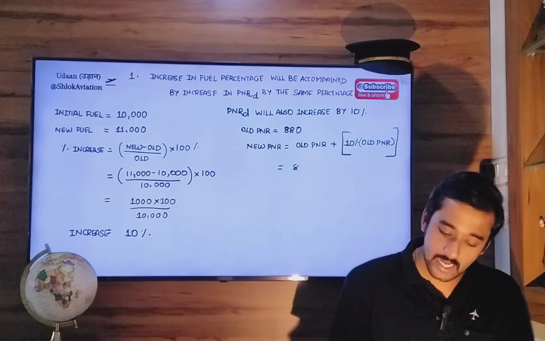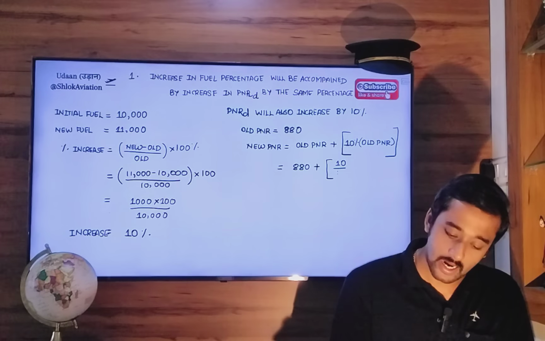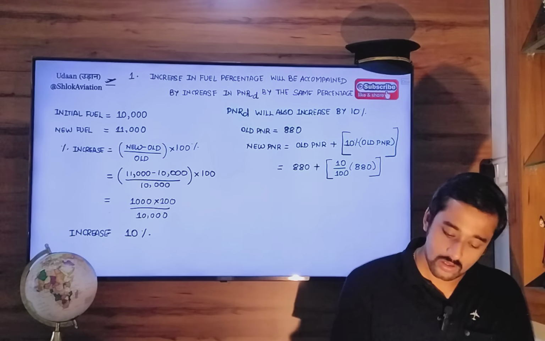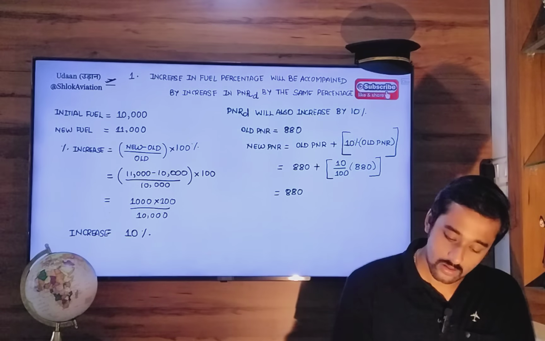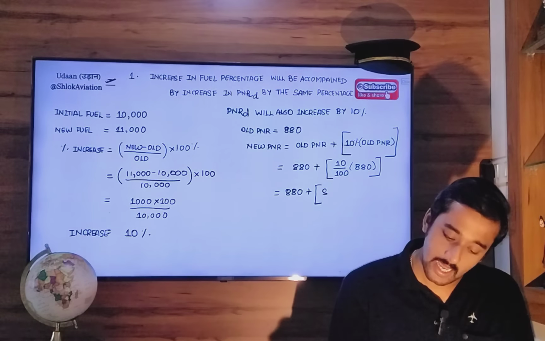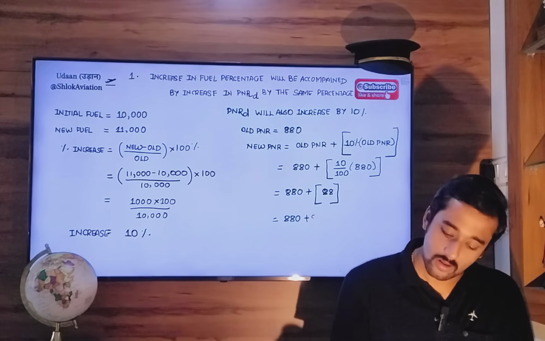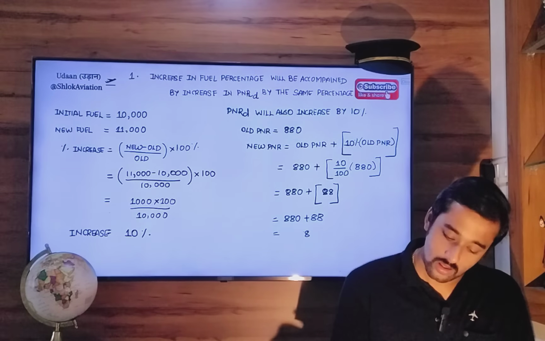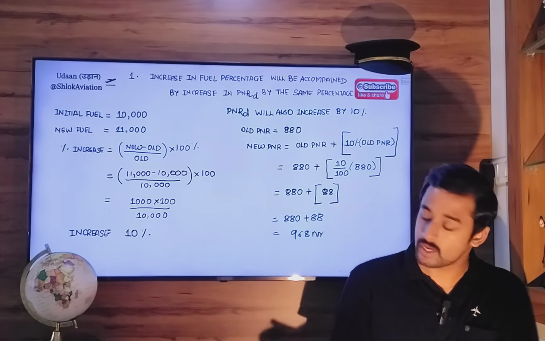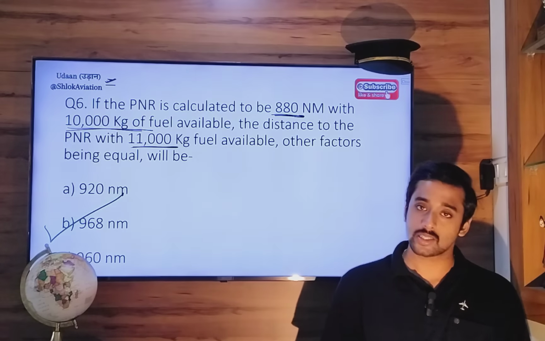Old PNR is 880. 10% of that is 88. So 880 plus 88 is 968 nautical miles. So the new PNR distance is Bravo, 968.